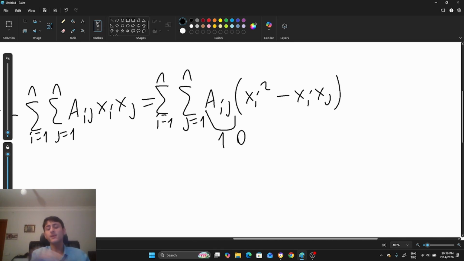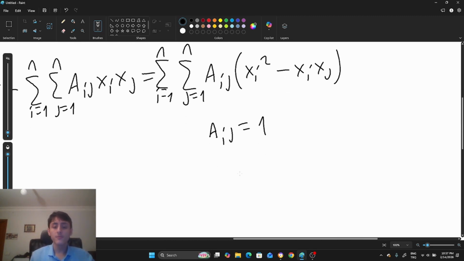When it is 0, the summation is going to be 0, right? And when it is 1, we are adding those ones up together. Cool. Now, what we can do is assume that aij equals 1, because for 0 it's just trivial, it's going to be 0.